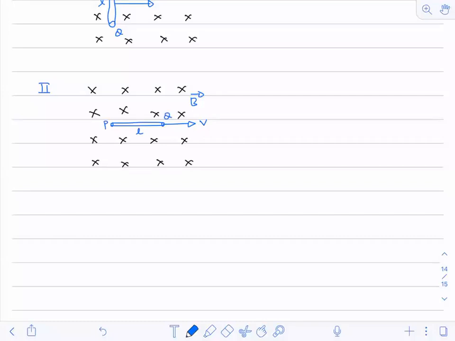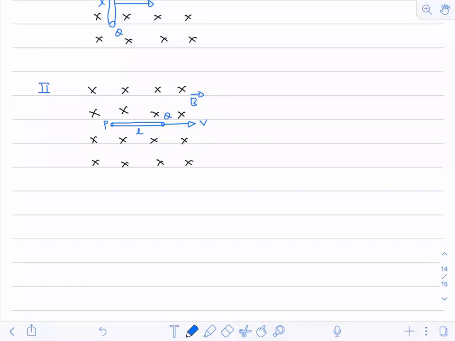Now you tell me, how many field lines will be crossing this? Will any field line cross this? No field lines will flow through it.